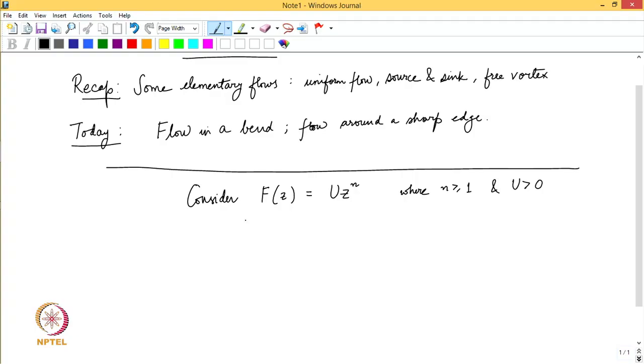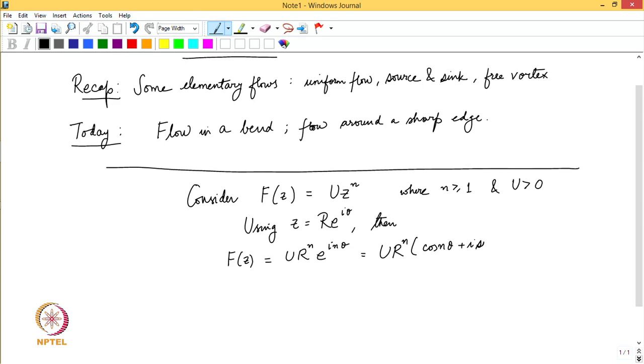So, let us start, and I will go to one of my favorite ways of representing a complex number, which is using polar coordinates. So, if I use z to be r e to the power i theta, then f of z would become u r^n e to the power i n theta, which I can also write as u r^n times cosine of n theta plus i sine of n theta.